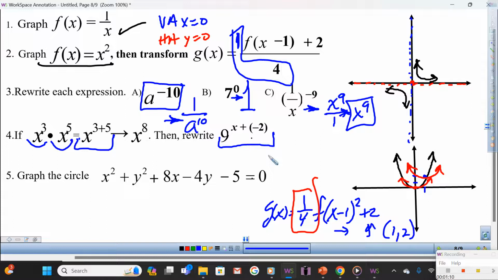Selena, what'd you get? What was this before it became that? That is correct. 9 to the x times 9 to the power -2.